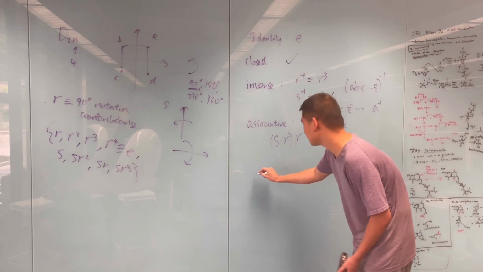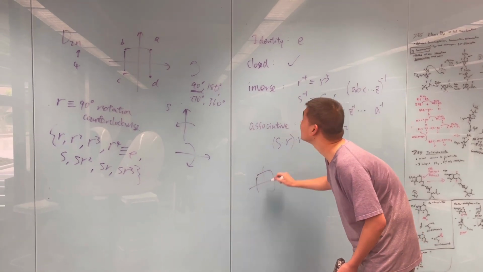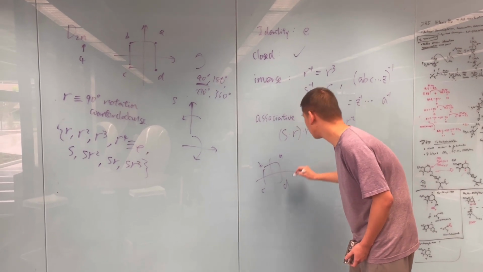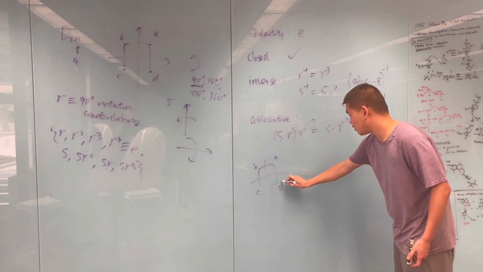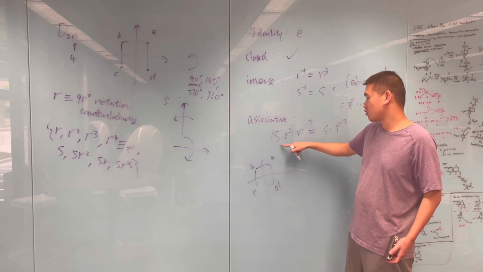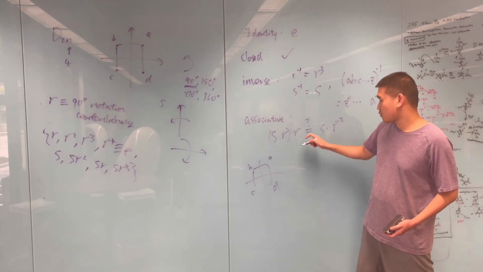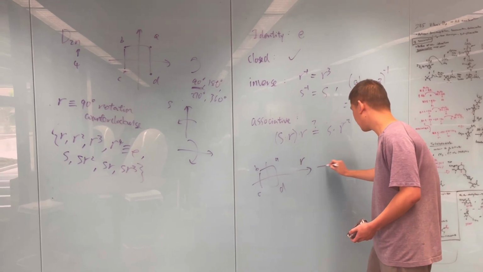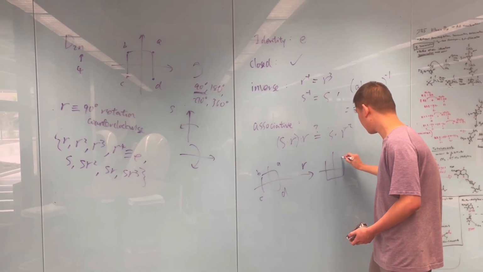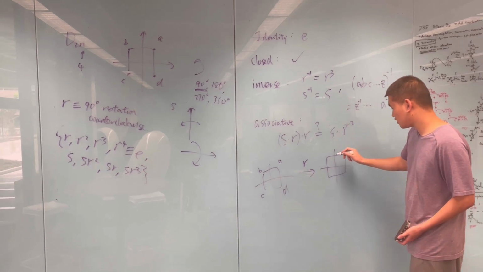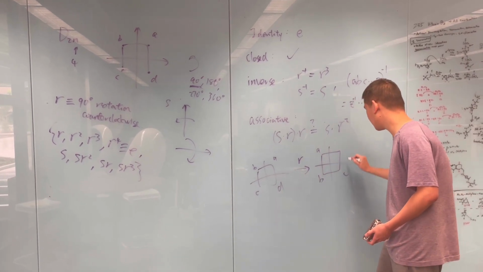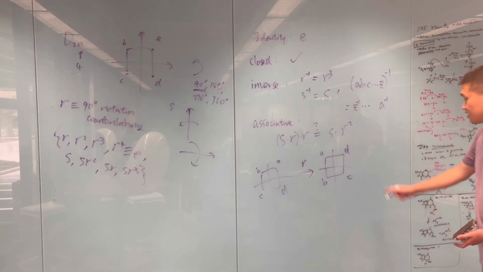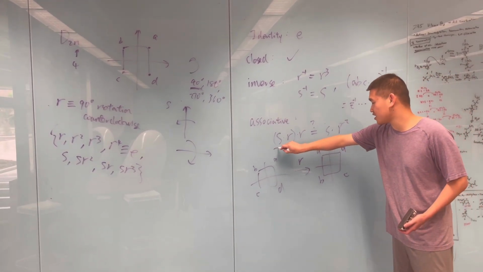We start with anything. We start with A, B, C, D. Well, we first go through R. Remember that in a group, the transformation goes from right to left. Goes through R. And then you go through S dot R, the combination.